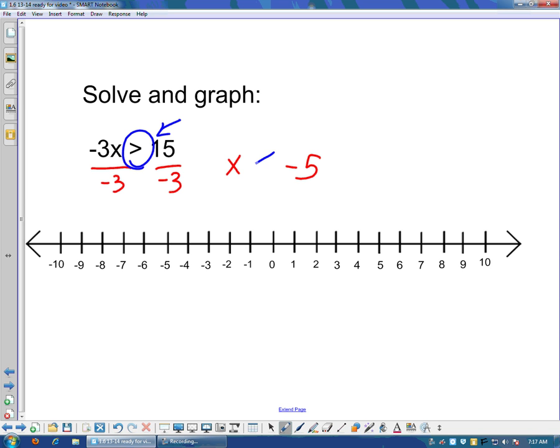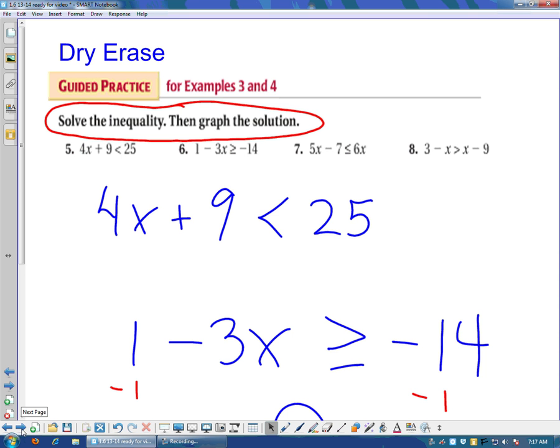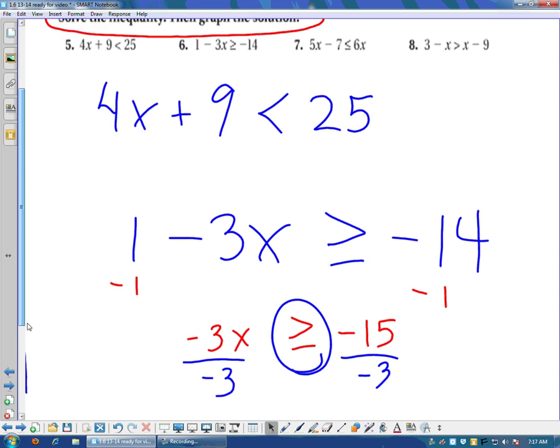So that means we need to switch that from greater than to less than. And so now to graph this, we need an open circle at negative 5 and shading to the left. All right, so don't forget, if you're multiplying or dividing by a negative number, you switch the direction of the inequality. Okay, so let's practice.